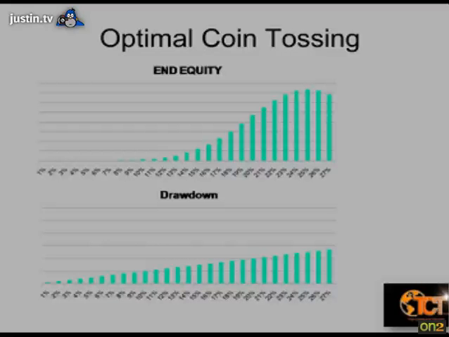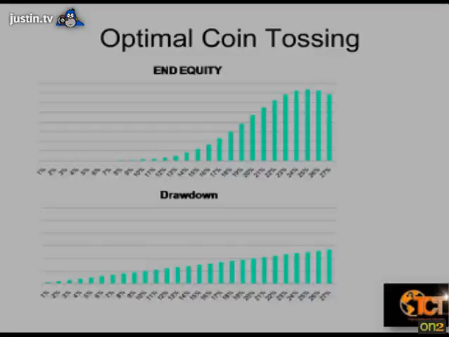As you can see, if you start to allocate numbers like 11, 12, 16, 20%, your end equity is starting to grow exponentially. But you can see in the bottom graph that your drawdown is growing linearly, and this is the key in a sense, in that as you throw more risk at a system, your potential ending equity will grow exponentially, but your drawdown grows linearly.